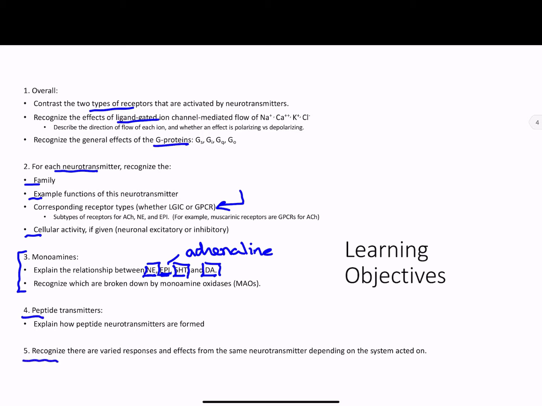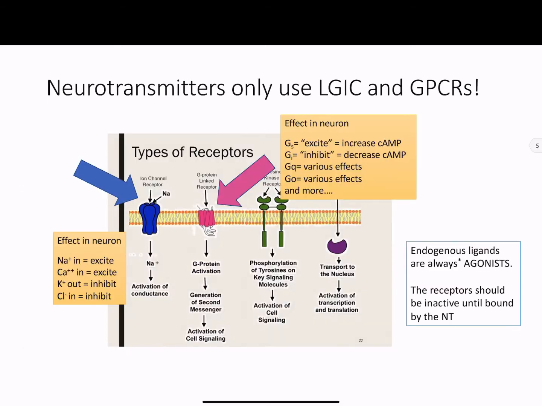And we already talked about learning objective number 5, which is how the effects really depend on the system you're in. So we already mentioned that really the two types of receptors we're looking at are ligand-gated ion channels and G-protein coupled receptors. And again, sometimes people call those metabotropic.